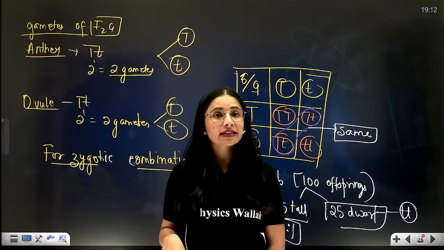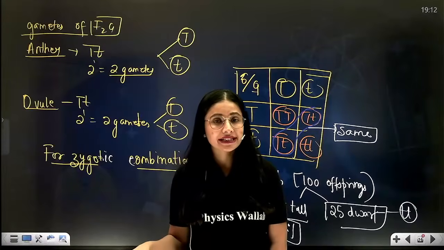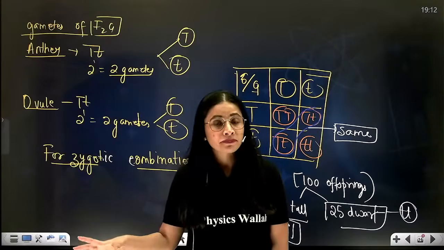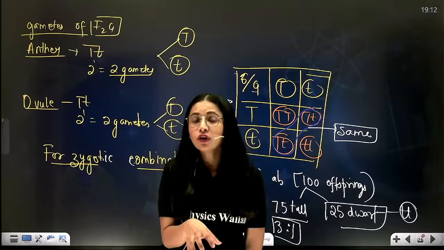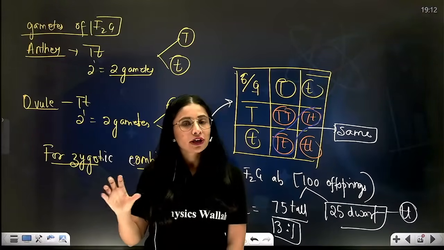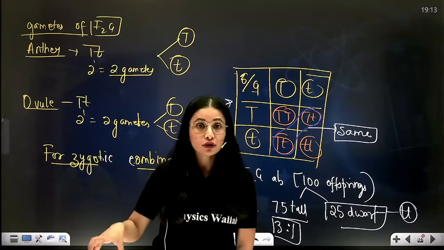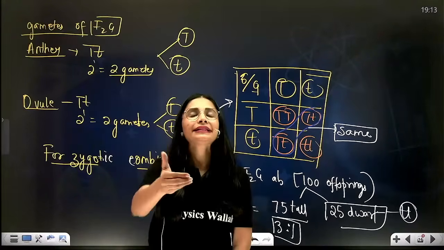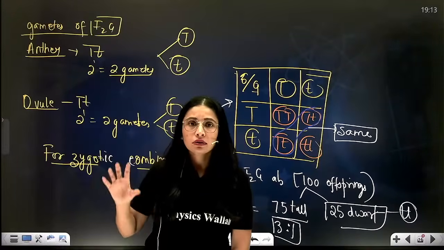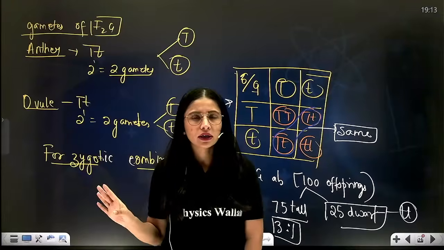Once he did self-pollination, he obtained the phenotypic ratio of the next generation as 3:1, where 75% of the offspring were tall and 25% were dwarf. So this time Mendel was happy because he could see the female character also in the offspring, in the second generation. Now, the genotype of dwarfism is clear: small t, small t.